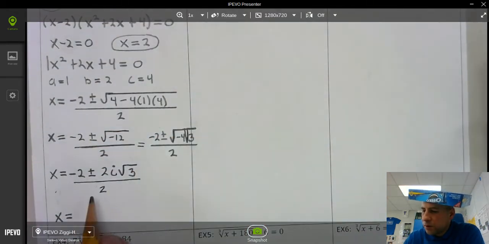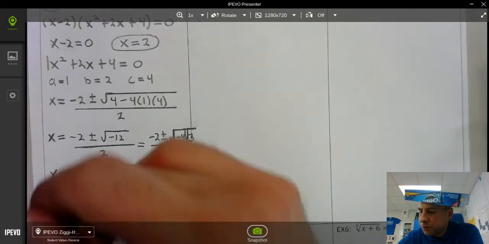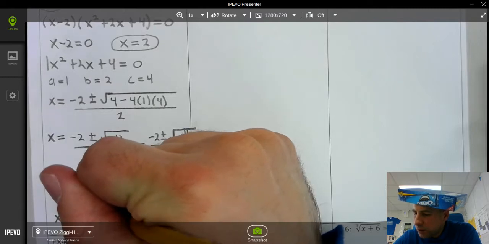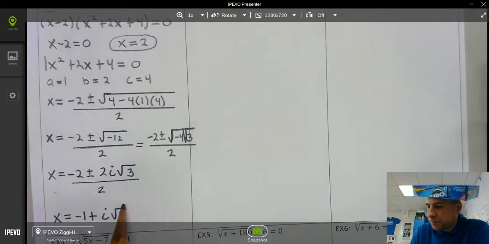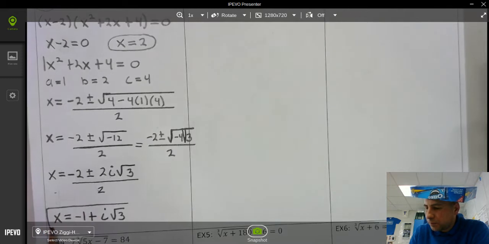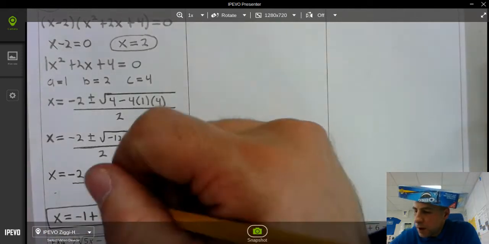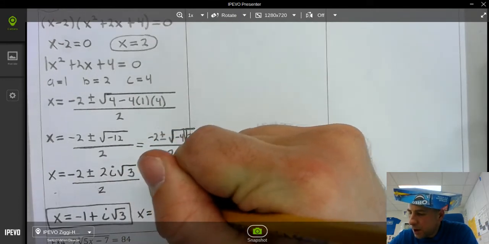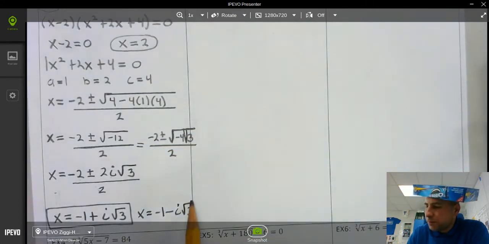When you divide everything by 2, you get x equals negative 1 plus i square root of 3, and x equals negative 1 minus i square root of 3.